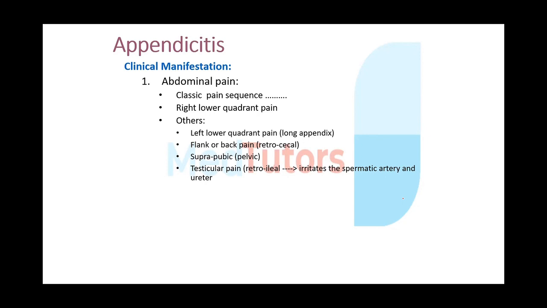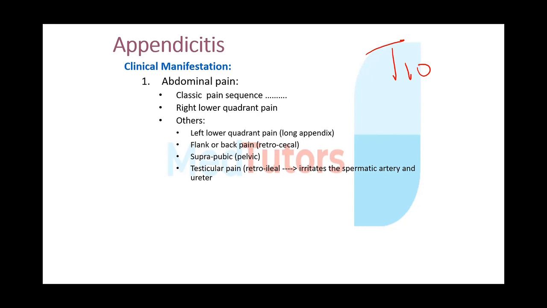At the time where the appendix is inflamed, when there is visceral pain at the point of congestion of the appendix, okay, there is a referred pain to the umbilical area because they have the same nerve root of T10.